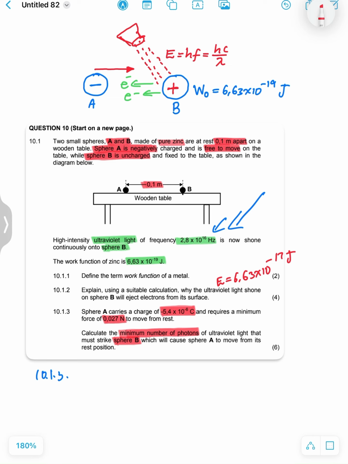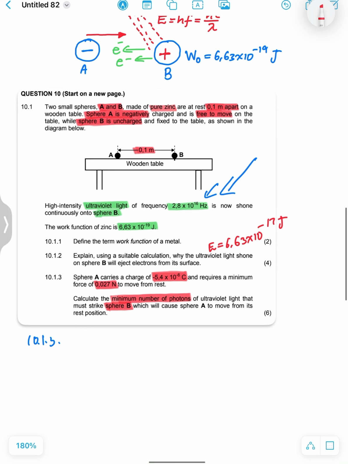And then it's going to attract sphere A because they are unlike charges, so they will attract. So in this case, sphere A will be attracted with the force of 0.027 newton. So we want to know the minimum number of photons required to cause this scenario here.